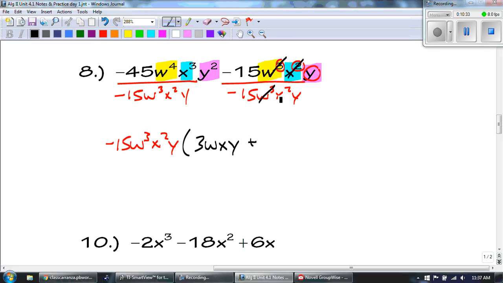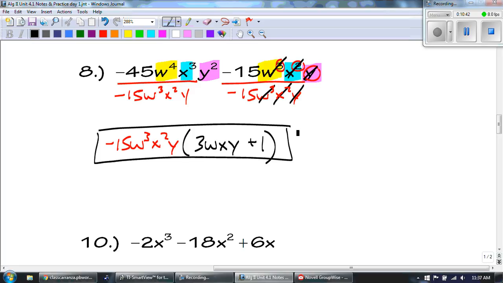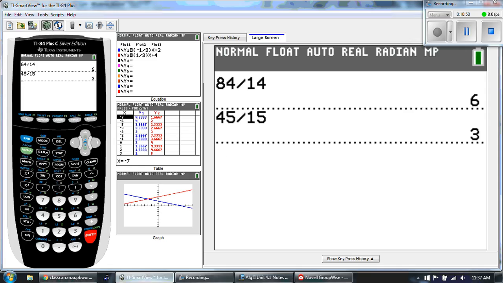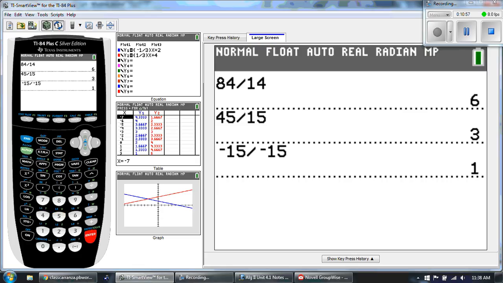My w's cancel, my x's cancel, and my y's cancel. So it's just plus 1. Okay, some of you guys might want to cancel out that negative 15, but just remember we're using division, and negative 15 divided by negative 15 is not 0, it's 1.